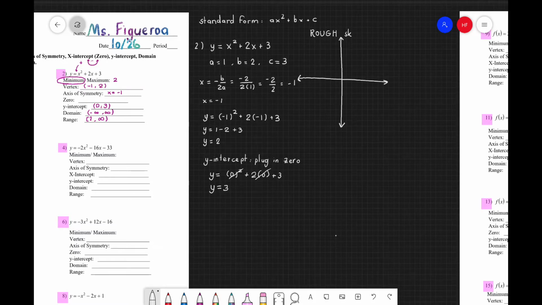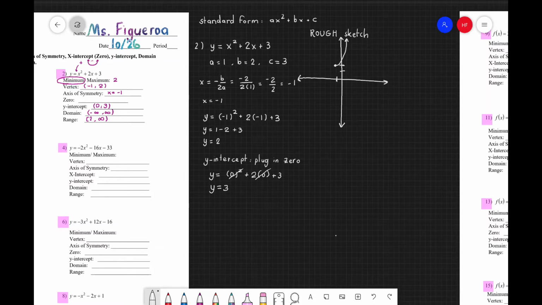So don't take this for accuracy, okay? So I have a parabola that is facing up, and it goes all the way down to 2 and then turns back around. So my vertex is at -1, 2. So here's my vertex.